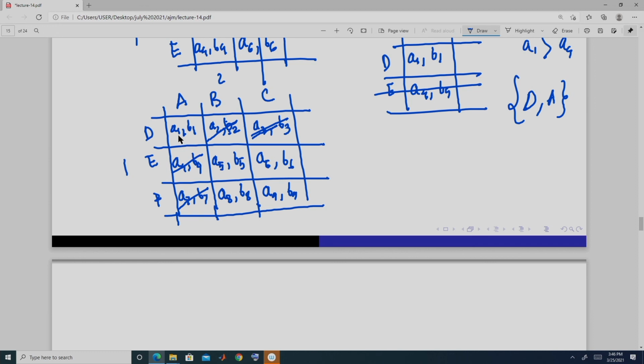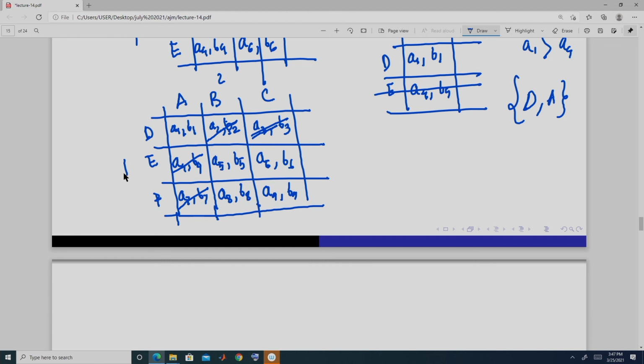So, this is a Nash equilibrium from here, because if player 2 chooses A, best response is to choose D, because A1 is greater than A4 and A7. If player 1 chooses D, its best response is to choose A, because B1 is greater than B2 and B3.